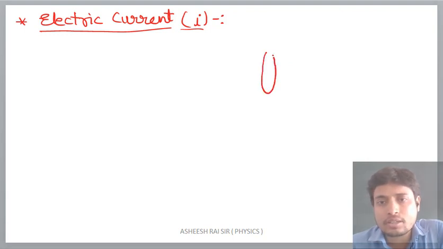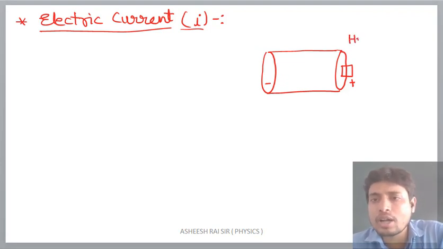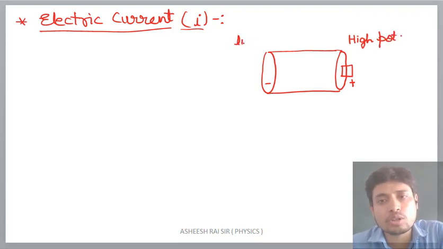Consider a cell that you are using in the TV remote. In the cell, there is a positive terminal and a negative terminal. The positive terminal is called the high potential, and the negative terminal is called the low potential.